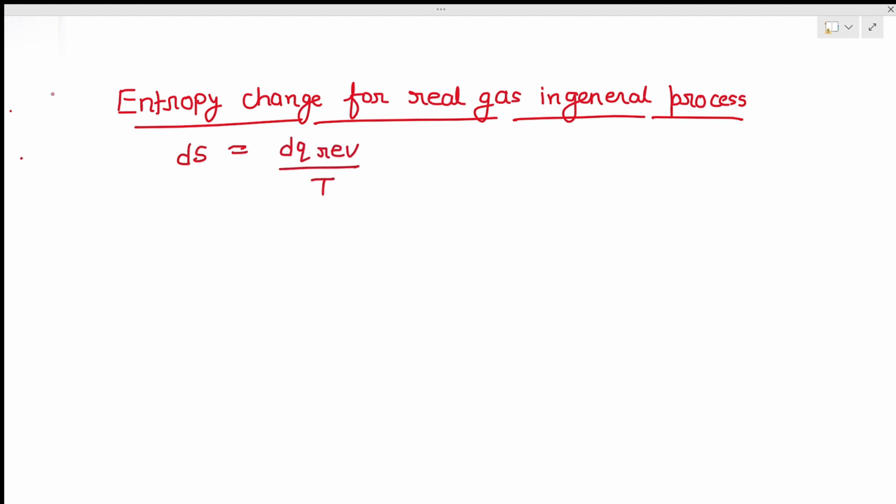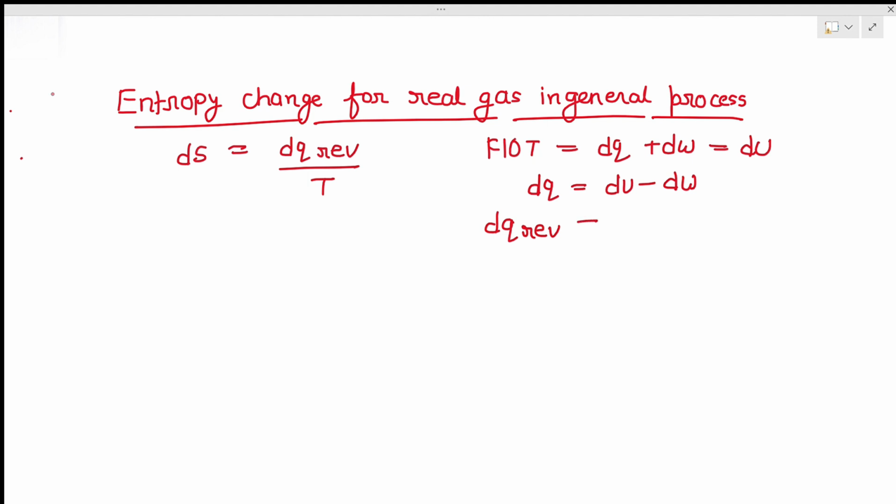Now from the first law of thermodynamics, we know dq plus dw is equal to dU. Then dq will be equal to dU minus dw. So dq reversible will be equal to dU minus dw, which is dU plus pdV.